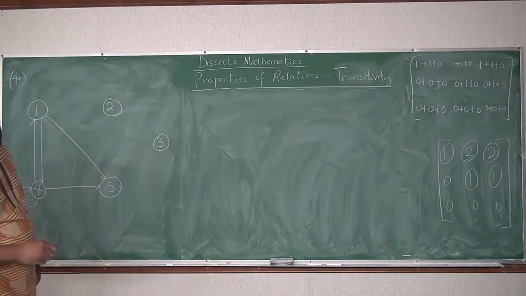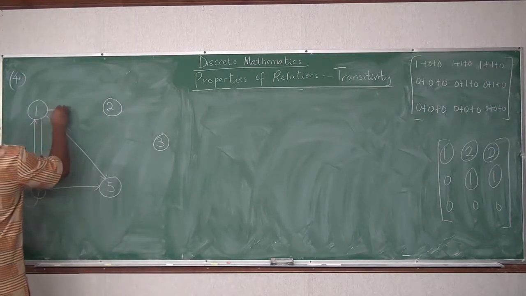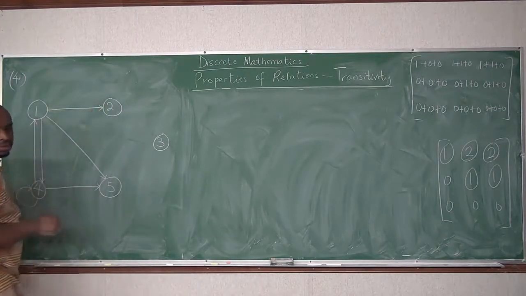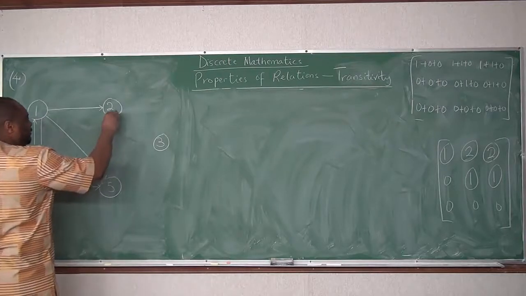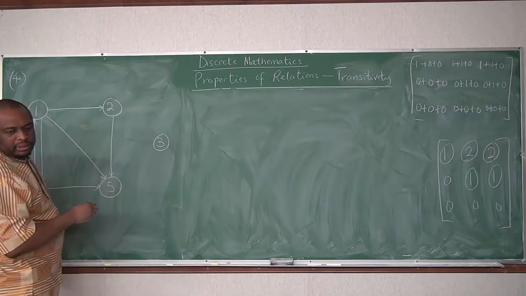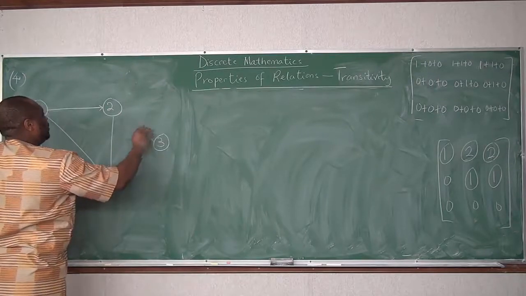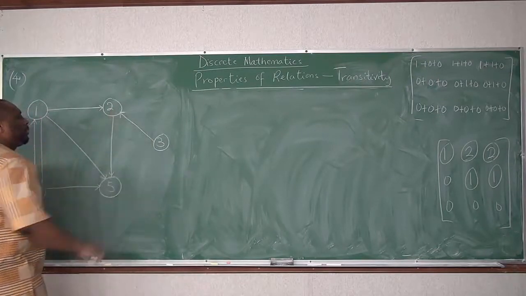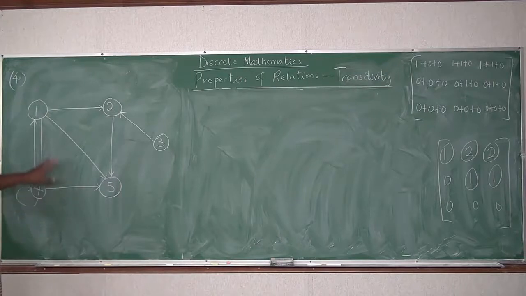You have 1 to 2. You have 2 to 5. You have 3 to 2. Okay, you are asked whether this digraph, whether the relation is transitive or not.